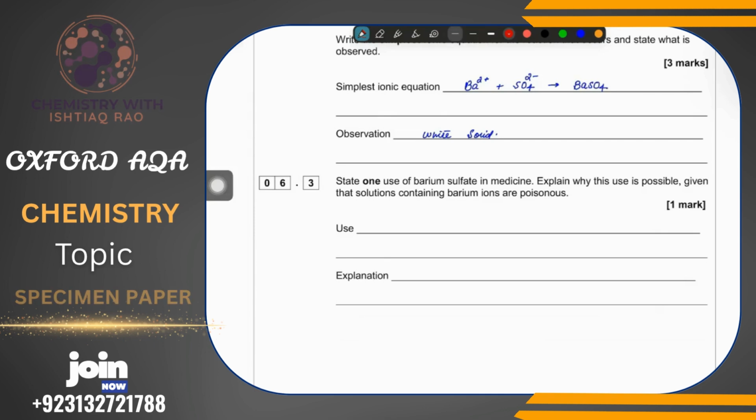So they are saying state one use of barium sulfate in medicine, and explain why this use is possible given that solutions containing barium ions are poisonous. So for the use, I can write barium meal. Before doing an X-ray, we have to take a barium meal.